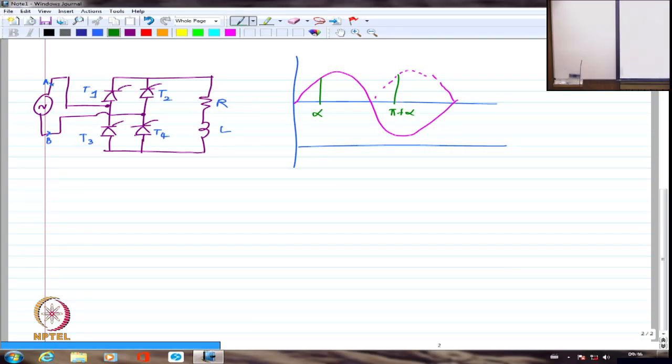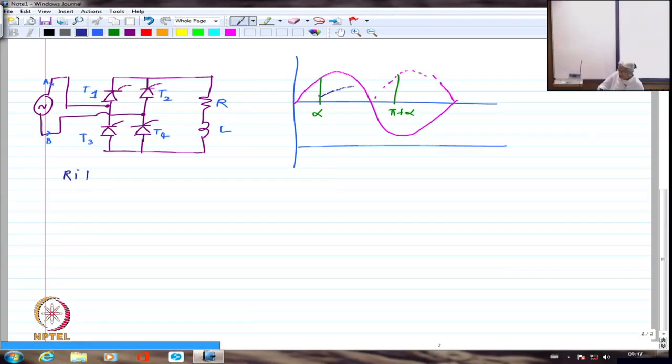So now if I assume it is continuous conduction, the current can never be 0. It has to be at least some value. So maybe it is starting off with some value. From here, it is going to start increasing like this. It is increasing, and at some point it will start decreasing.